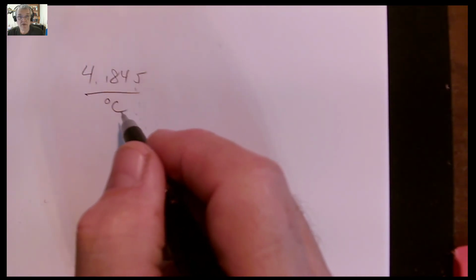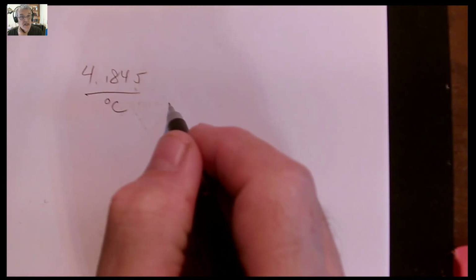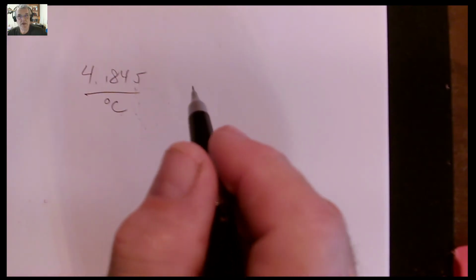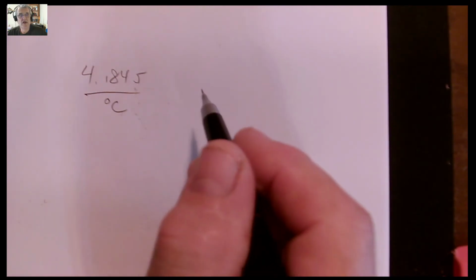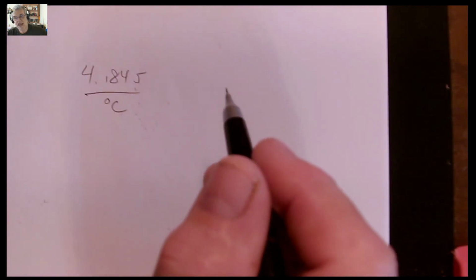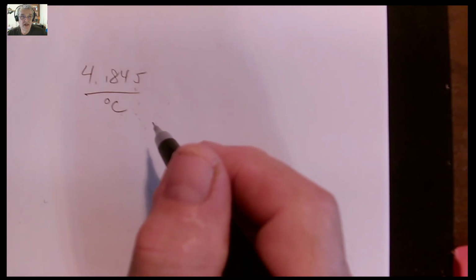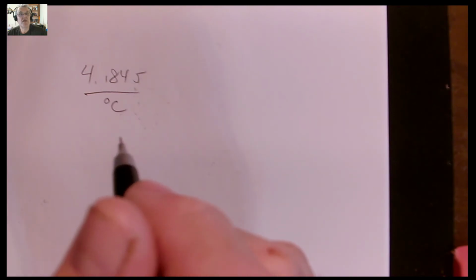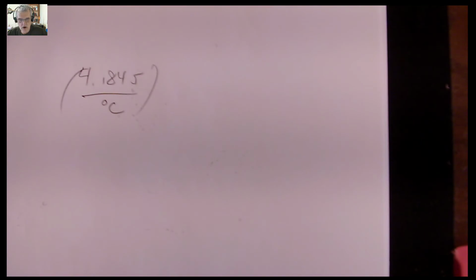If I take something from 50 degrees Celsius to 100 degrees Celsius, I have not doubled the energy. That's what Kelvin's for. Most people think it's Kelvin because it goes to 0 and can't go negative. Well, it can't go negative because you can't have negative energy. But really, the whole purpose of Kelvin is that it's an actual measure of the energy of the system. Okay, so that's the enthalpy that we have for water.